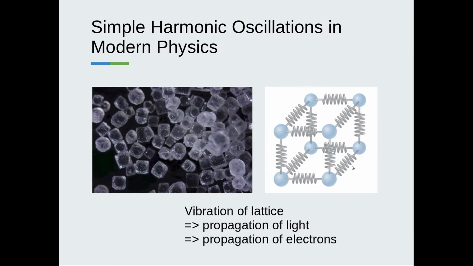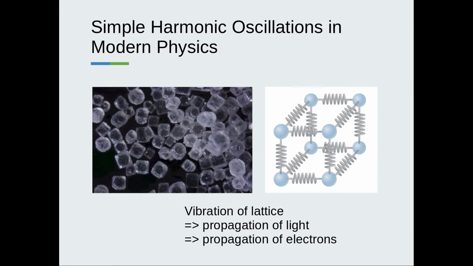So here are many different types of oscillations. In solid-state physics we care about the vibration of the lattice, which is related to the propagation of light, because light is an electromagnetic wave, actually an oscillating electromagnetic force, and the force drives all the lattice vibrating, so that is why light propagates in your crystal.